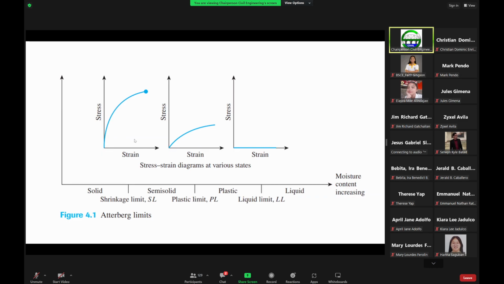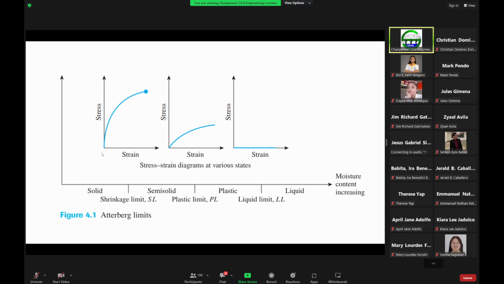So that's the difference between soils at the shrinkage limit state, between solid and semi-solid, and a soil between the semi-solid and the plastic state. This means that this material here is softer compared to your soil material in these states.